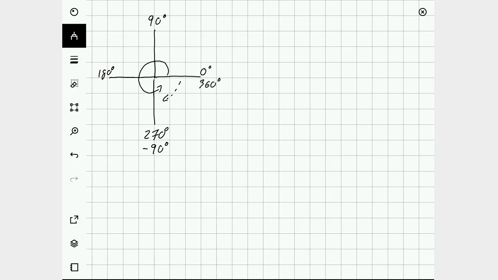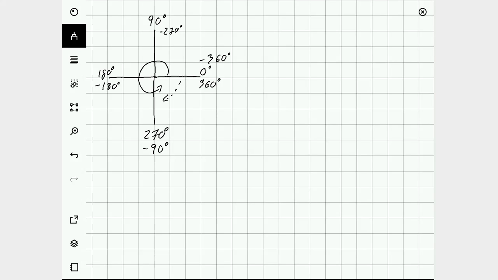The negative x-axis, in addition to being positive 180 degrees, would also be negative 180 degrees. You can get negative 270 degrees up here at the positive y-axis, and you can get negative 360 degrees over here at the positive x-axis, making a full loop going backwards. You can keep going from there, but that's another video.